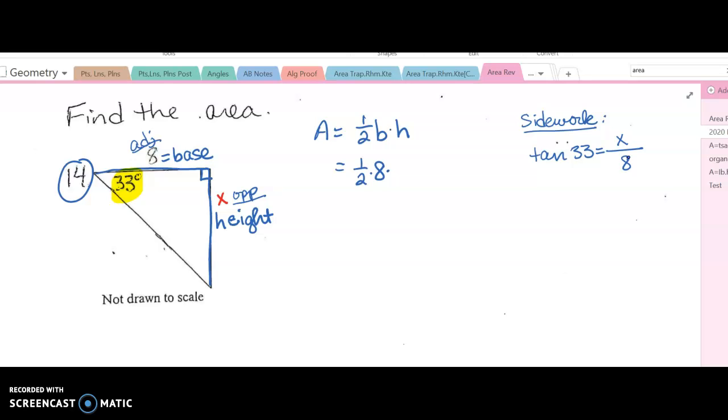Let's try that again. Tangent of 33 is 0.6494... and then I'm going to put that over 1. I'm going to cross multiply. So I'm going to multiply that number times 8, which gives me my height to be 5.1952.